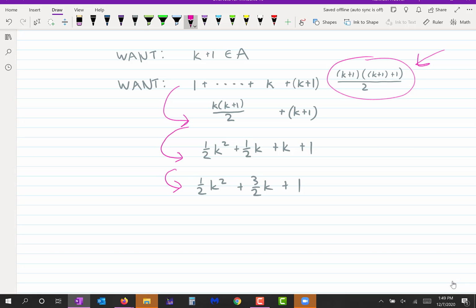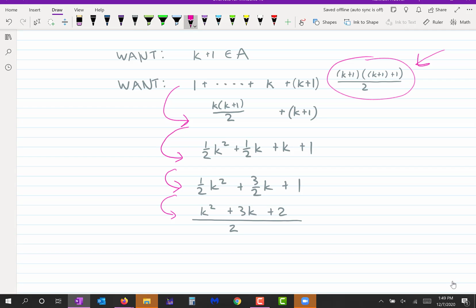So maybe I will factor a 1/2 out of here. And maybe I'll write that as something over 2. What would it be? It would be K squared plus 3K plus 2, right? Not plus 1. Notice that? You see why it would be plus 2 up there? At the end on the top?